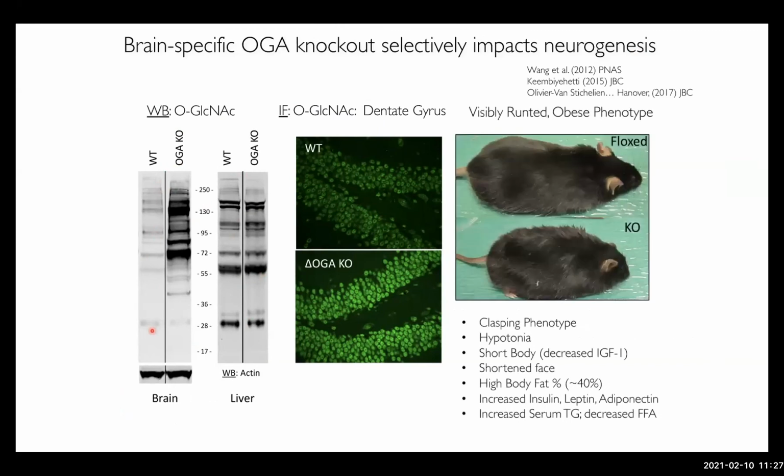These animals exhibit a clasping phenotype suggestive of neurodegeneration, hypotonia, a very shortened face. You can actually spot these from their litter mates. They have a very high body fat, 40% as a young mouse, and that's very rare. Even adult mice at 40% body fat are very rare. There's increased insulin, leptin, and adiponectin, suggesting changes in fat metabolism.